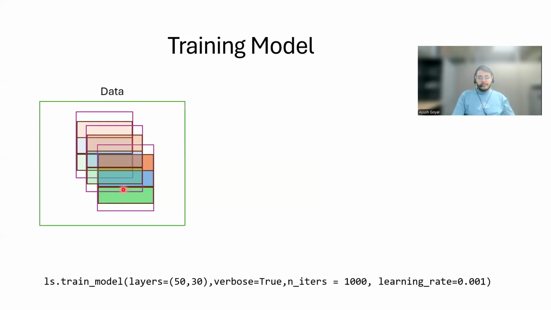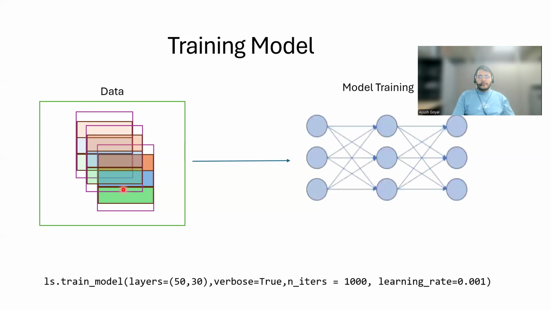This is how the data would look before training. Now, when you pass it through model training, we want to make sure that the reduction happens and the neural network knows about it. So we want to make sure that, for example, the positional encoding is captured. We want to make sure that shift invariance is captured and stuff like that.